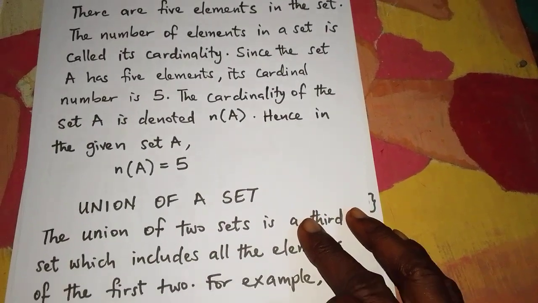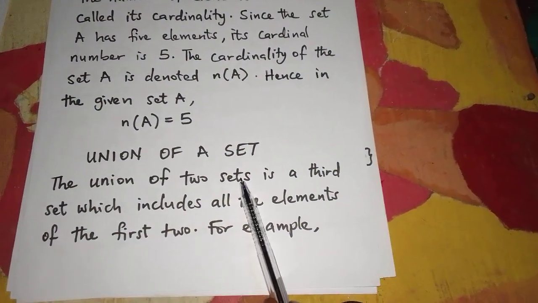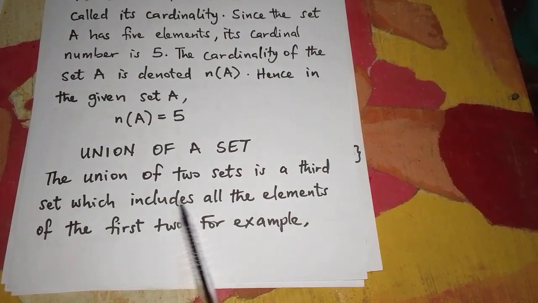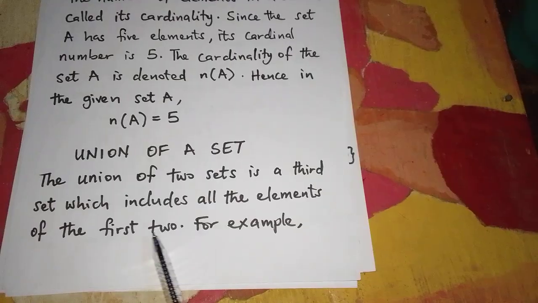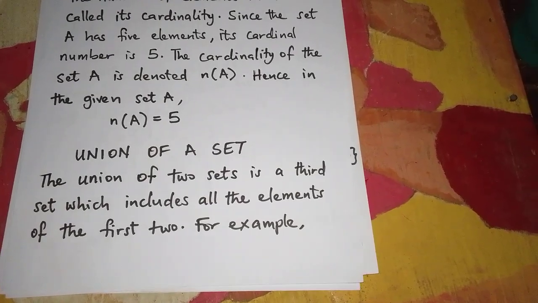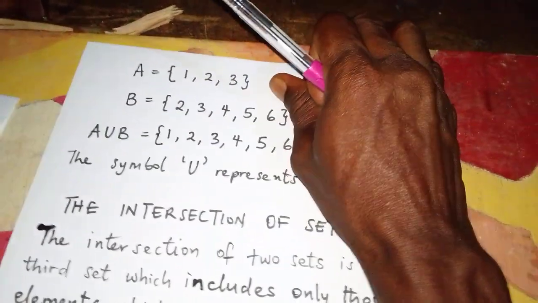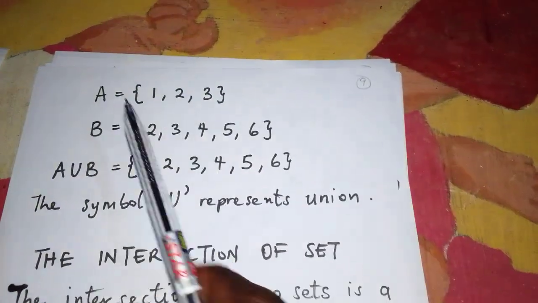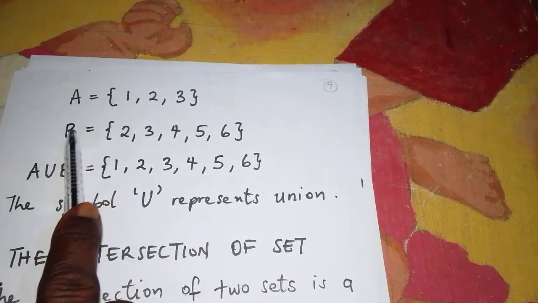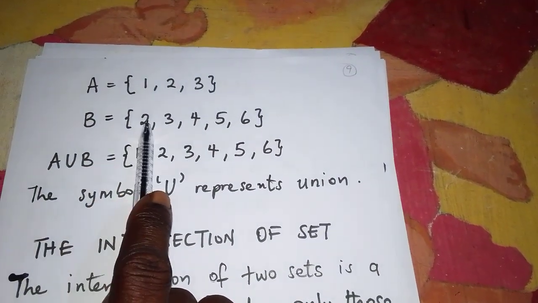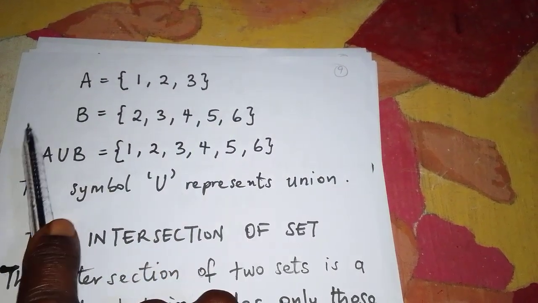Now we are moving on to the union of sets. The union of two sets is a third set which includes all the elements of the first two sets. For example, if in set A you have 1, 2, and 3, and in set B you have 2, 3, 4, 5, and 6.